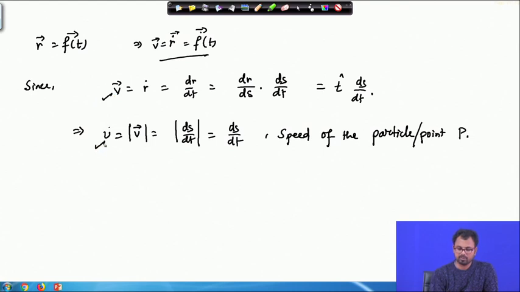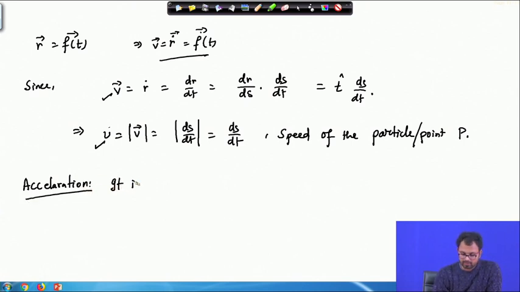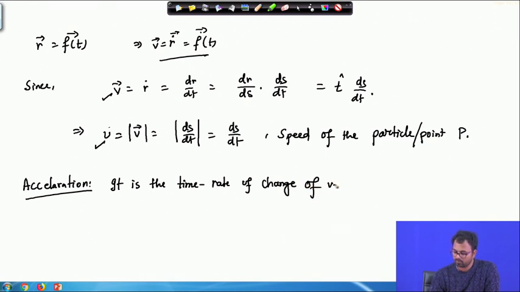So, this is our speed, and now we can define our acceleration. So, after speed we have acceleration. Acceleration is defined as the time rate of change of velocity.